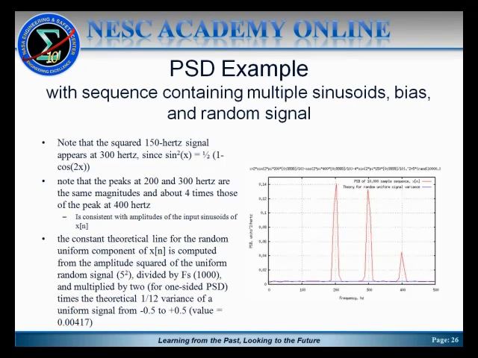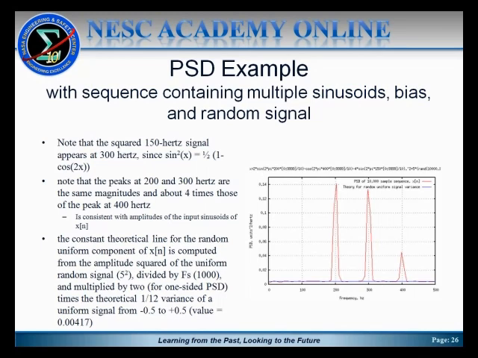And what's the constant level that we saw on the previous slide, where it looks like there's a constant line that's independent of frequency? That results from the random component. As I said, in the sequence we created, we included a uniformly distributed random variable between plus or minus 2.5, in addition to the distinct sinusoids that we put in.